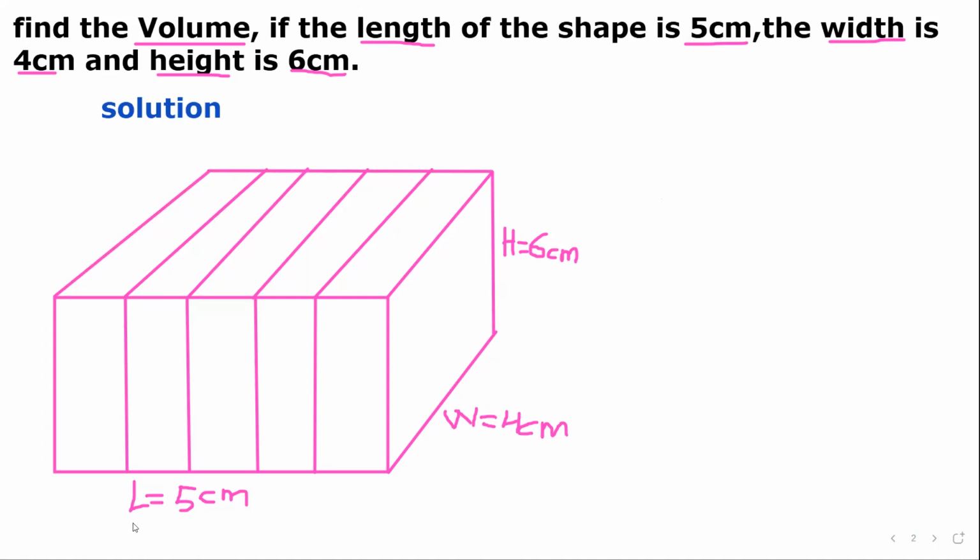Now we have done dividing the length into 5. The width too. And when you talk about the width, this is the width here. You must also divide this line. The same width is here and the last width is here. So you must also divide this line into 4 equal parts.